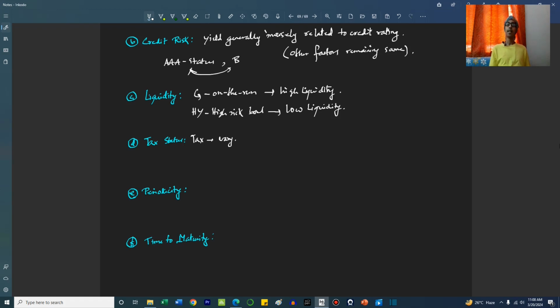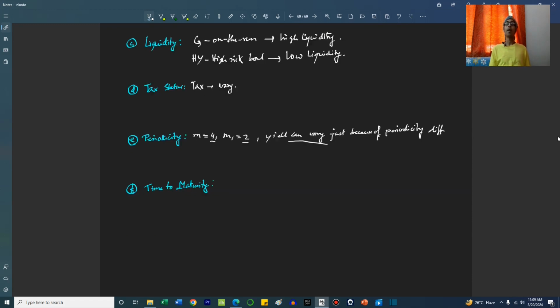Periodicity. Let's say a bond is a quarterly coupon paying bond and another bond is a semi-annual coupon paying bond. Even if all the other factors are identical for these two bonds, the yield will vary just because of these two factors. Just because of periodicity differences, the yield can vary. Let's say a bond has 3 years to maturity and another bond has 5 years to maturity.